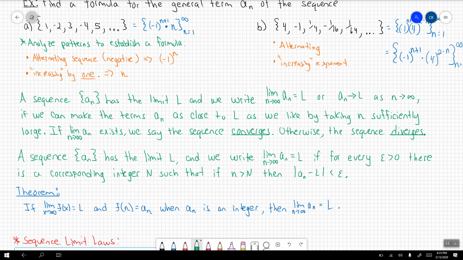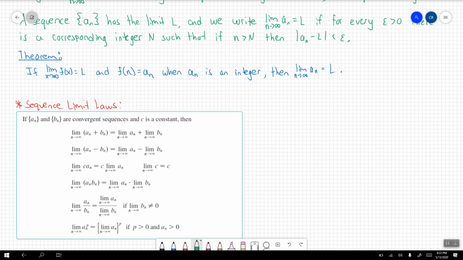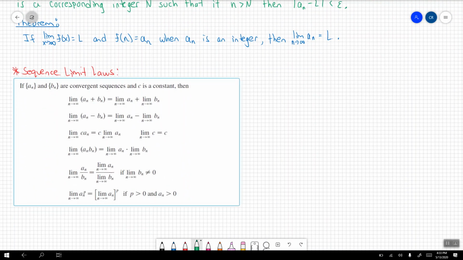So this theorem ties in sequences with the functions that we dealt with back in Calc 1.